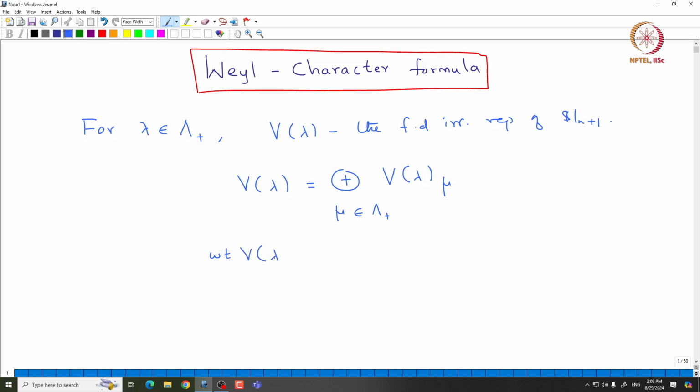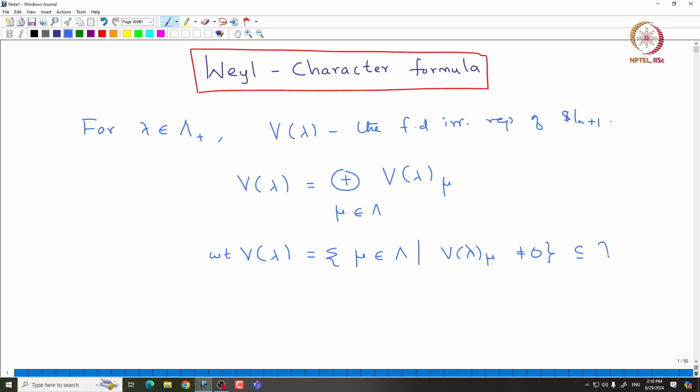So, the weights of V of lambda is defined to be those mu in lambda such that the corresponding mu-th weight space is non-zero. So, we already know that this is bounded above by the highest weight lambda.